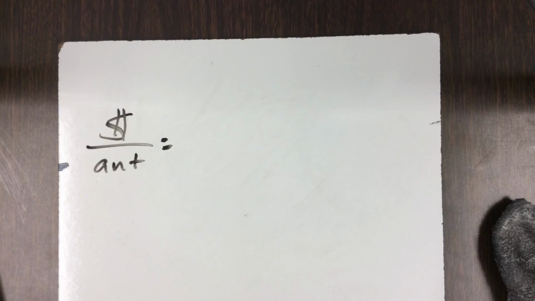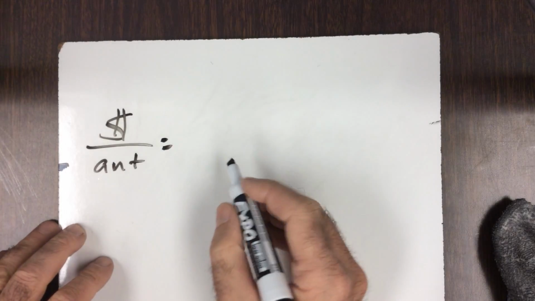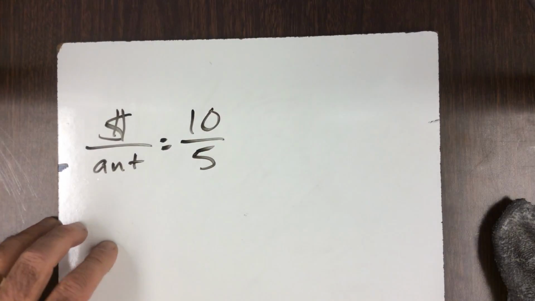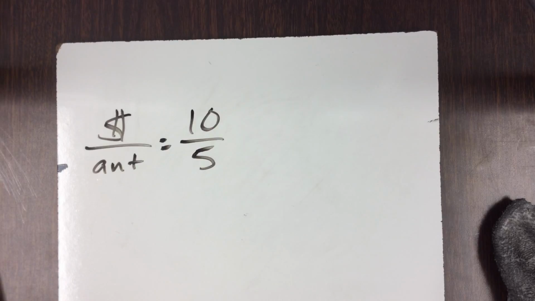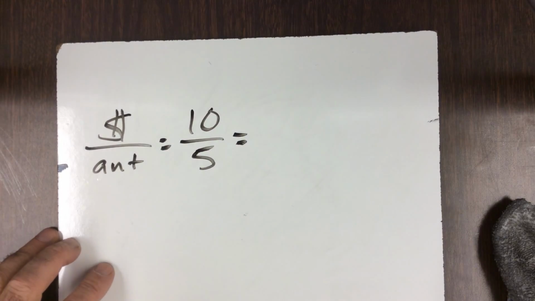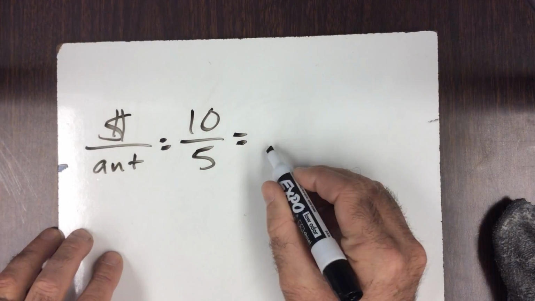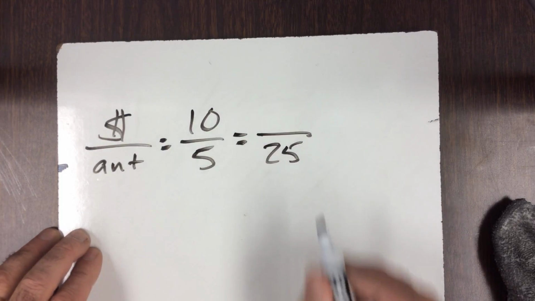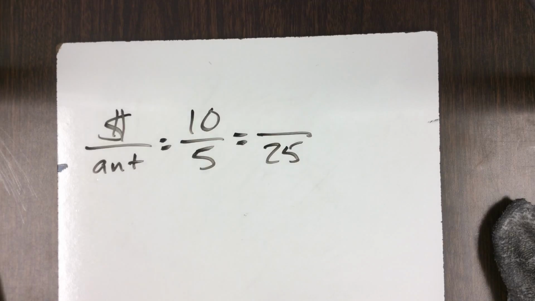If we are spending $10 and John is getting 5 antiques, he actually needs 25 antiques, so we're going to set that across from antiques. And the relationship is pretty straightforward here.